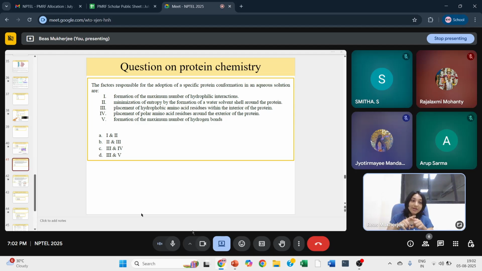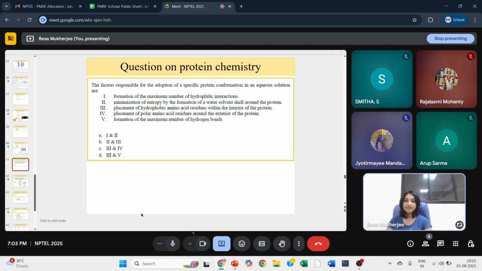So some bonds are breaking, some bonds are getting formed, and constantly, let's say this is how the protein initially looks like, and constantly it keeps on changing, right? So these are the small conformations that the protein attains. So what is the reason for that? This conformational dynamics can be studied very nicely using NMR spectroscopy. We'll discuss about this later on in a particular session, I think.